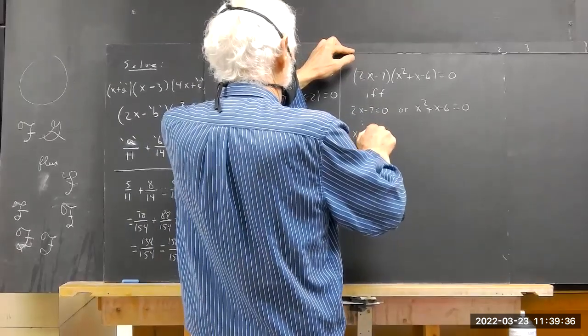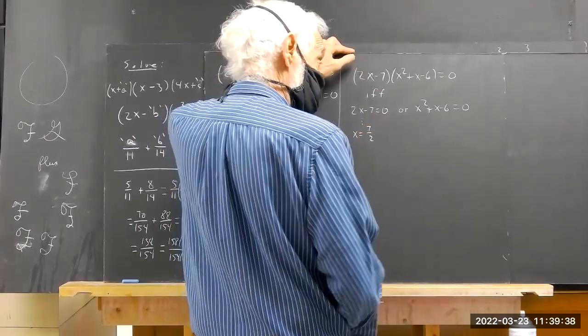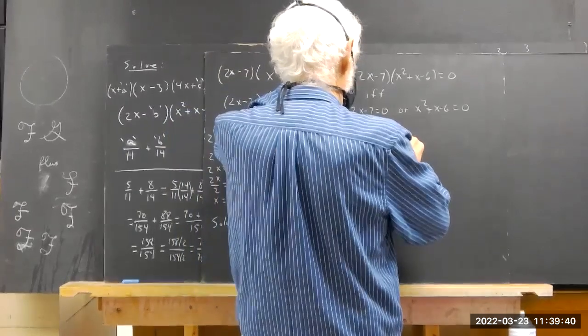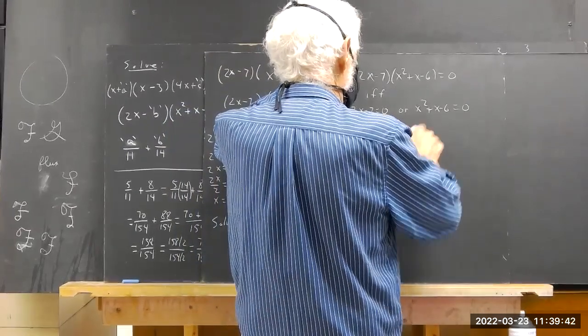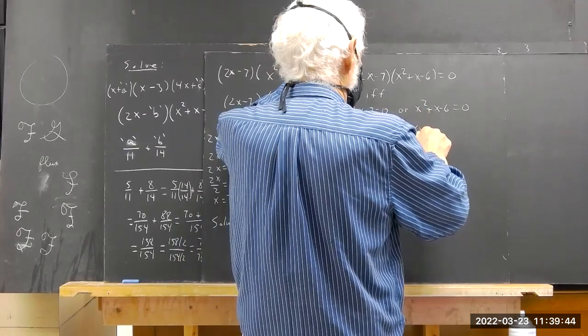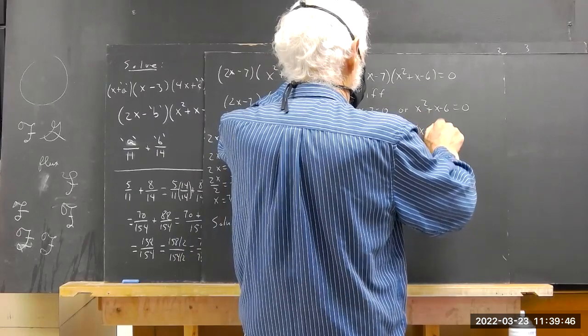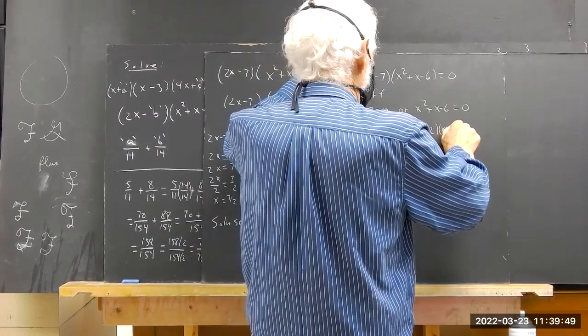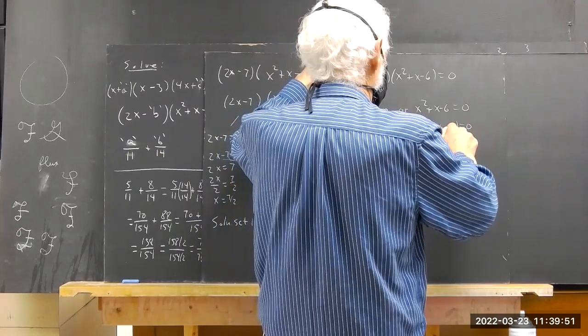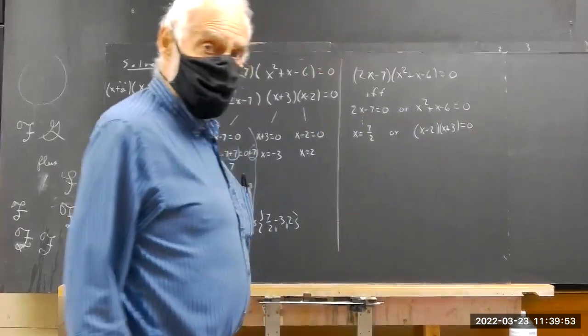As before, we're going to get x equals 7/2 here. If we factor here, we get x minus 2 times x plus 3 equals 0.